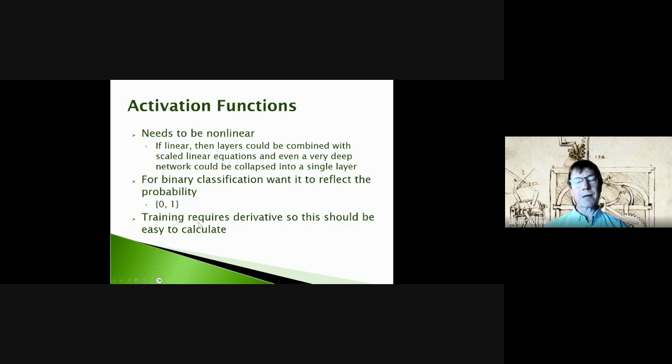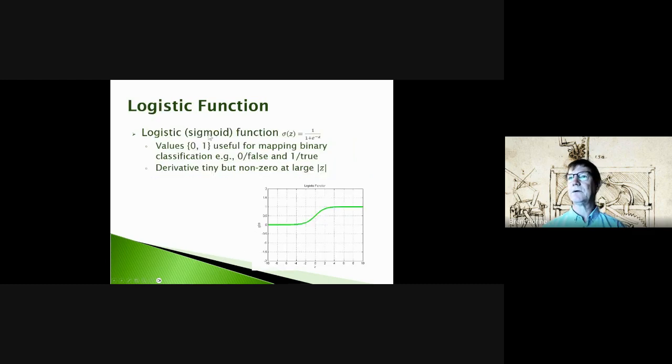Training and that backpropagation training process, we're going to want derivatives of things, and so that should be easy to calculate. So all right, I'm going to run through a few different examples.